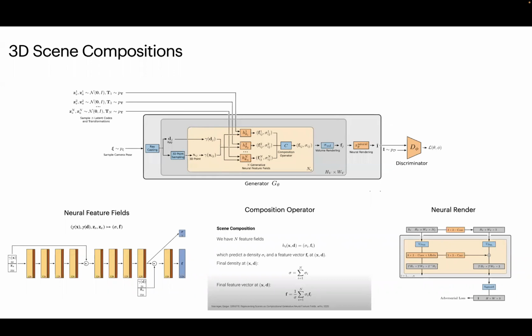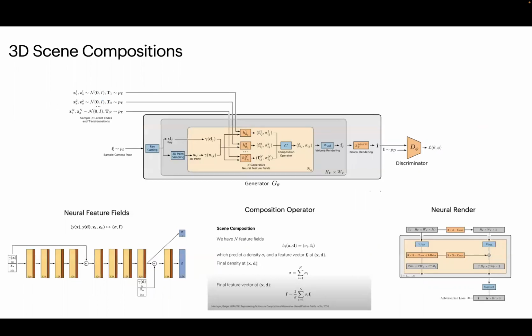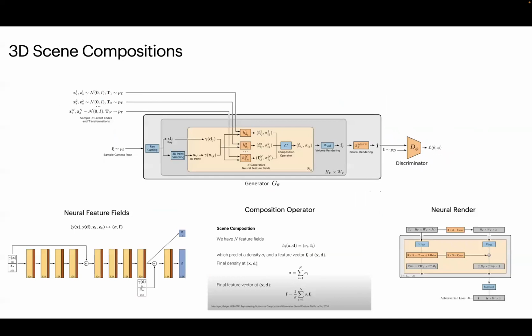As the input, they sample camera poses and do ray casting, kind of like in GRAF, which is the red top right part, but they also separate them into gamma and xi, which I suppose represent different viewpoints and different positions of X and Y. Then you give them to the generative neural feature fields, which I think is just like H1, H2, and Hn in the sample feature fields, sampling out a lot of objects and the background.